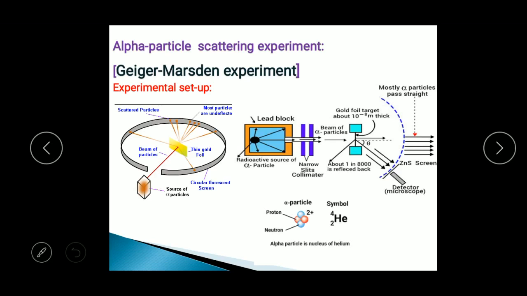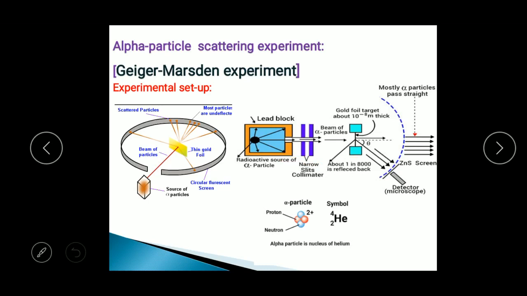A narrow beam of alpha particles falls on a thin gold foil of thickness about 10 to the power minus 8 meter.